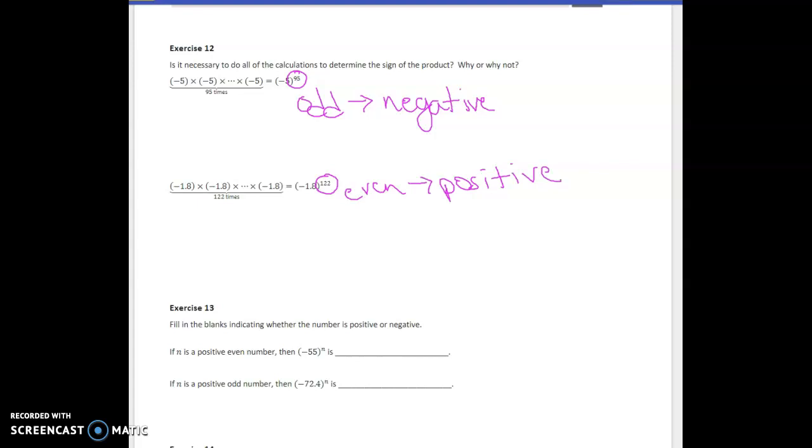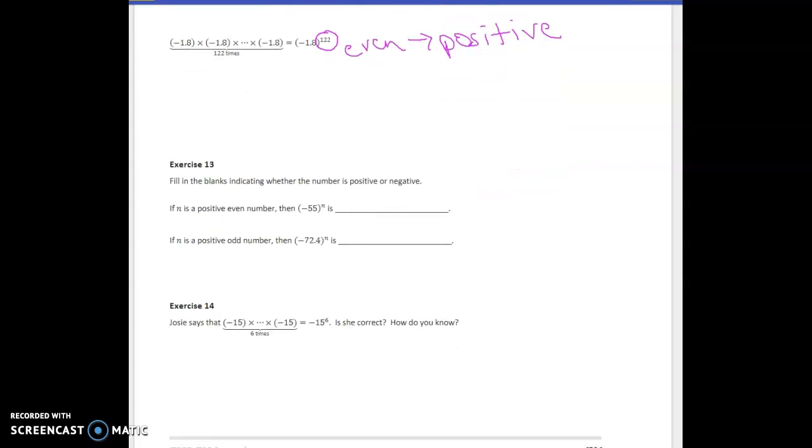Continuing with those thoughts, fill in the blanks indicating whether the number is positive or negative. You have to be careful what you read here. If n, where's n? It's right here. If it is a positive even number, remember, even gives us a positive solution. Don't overthink it.